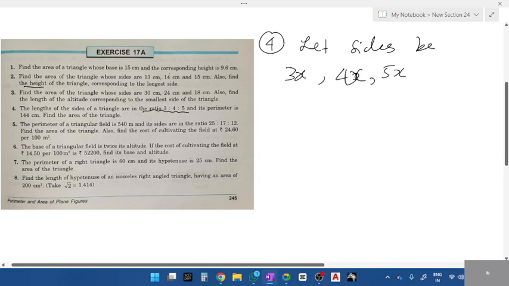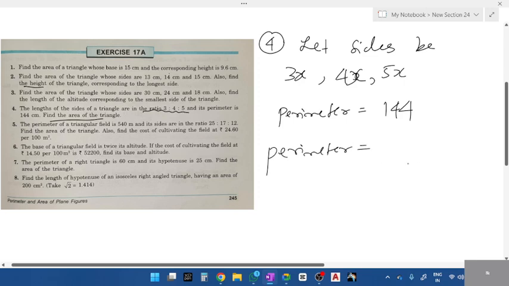Other things are the same, and its perimeter is given. What is given here, area or perimeter? Perimeter. So mention here perimeter. What is the perimeter value? 144. What do we need to find here? Area of the triangle. So if perimeter is given, first let's use the perimeter formula. What is the perimeter formula?